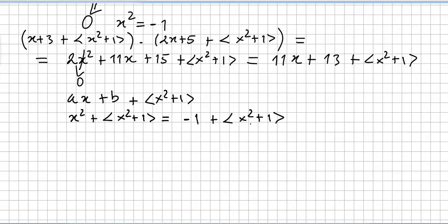And the surprising fact is that this is going to be isomorphic to the complex numbers. I'm sorry, it's better to put the ring here. So this ring, the polynomials modulo x squared plus 1, is isomorphic to the complex numbers.